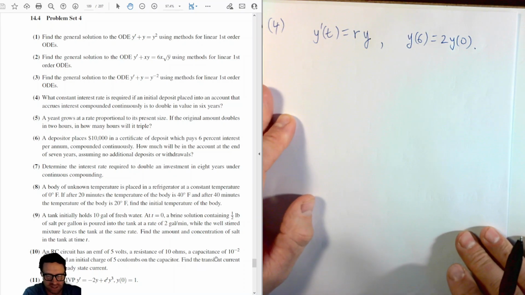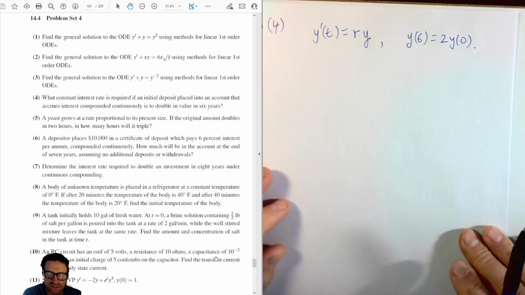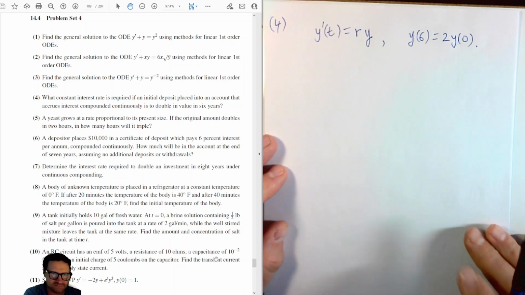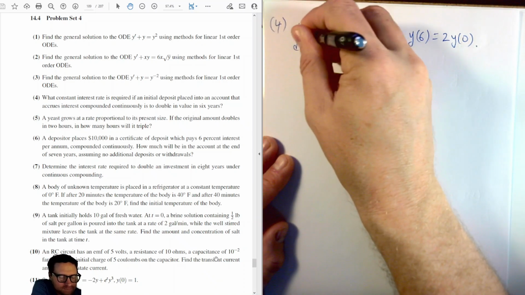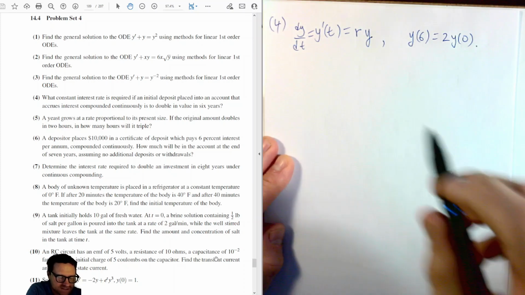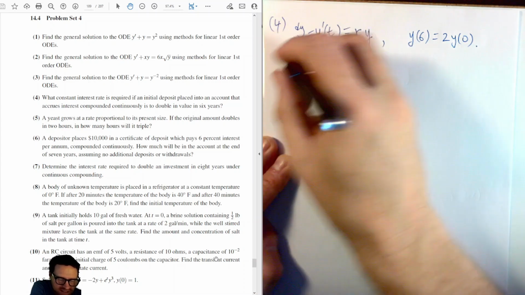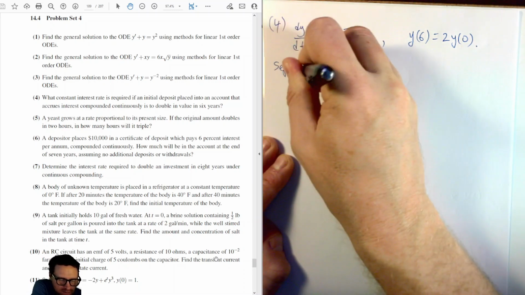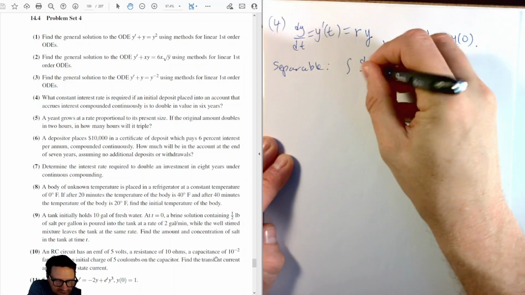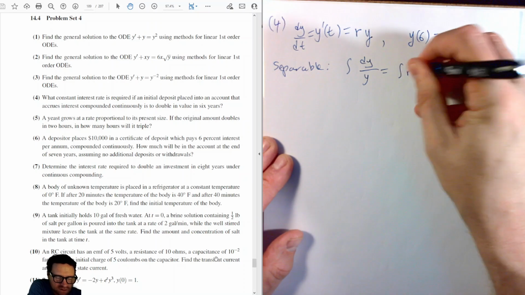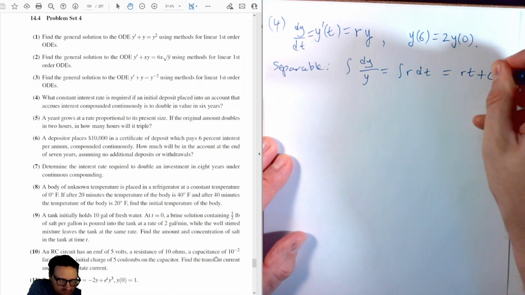Okay, now having a look at this, the differential equation here is both separable and linear. So let's solve this in 2 ways. So this is dy on dt is our y dash, and so we can divide both sides by y, take our dt over, and express this as the integral of dy over y is equal to the integral of r dt, and so that's rt plus some constant c.